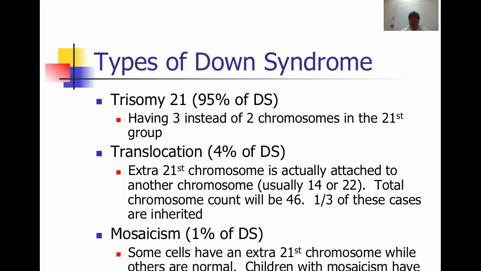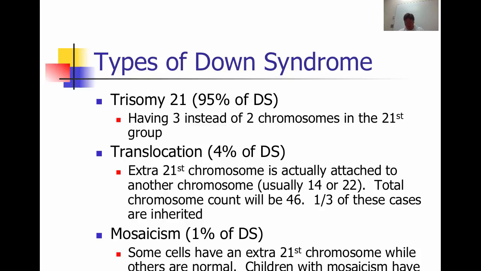So, different types of Down syndrome. There are 3 main types. Trisomy 21 is the most common, and up to 95% of children with Down syndrome fall into this category. And this is reflected in that previous slide where there's 3 instead of 2 chromosomes in that 21st group.